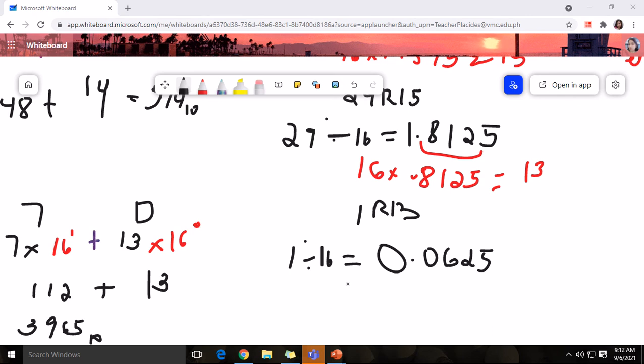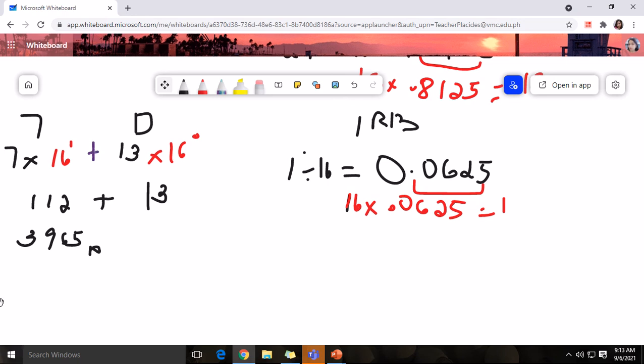How do we get the remainder? 16 multiplied by 0.0625 is equal to 1. Once we get 0, we should stop. So, 0, remainder 1.